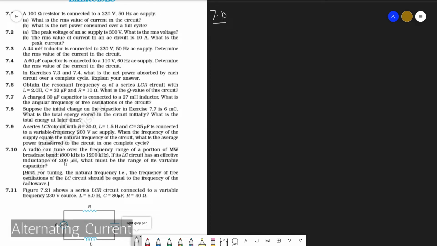So he is asking that we have frequencies ranging from 800 kilohertz to 1200 kilohertz, the inductance of the circuit is given as 200 microhenry, and he is asking us the range of its variable capacitor.